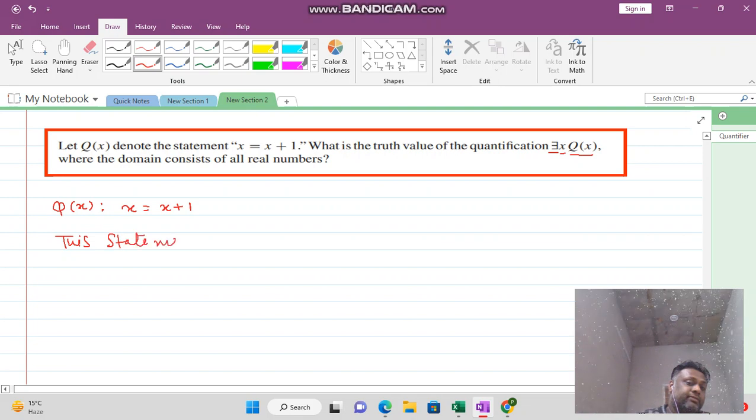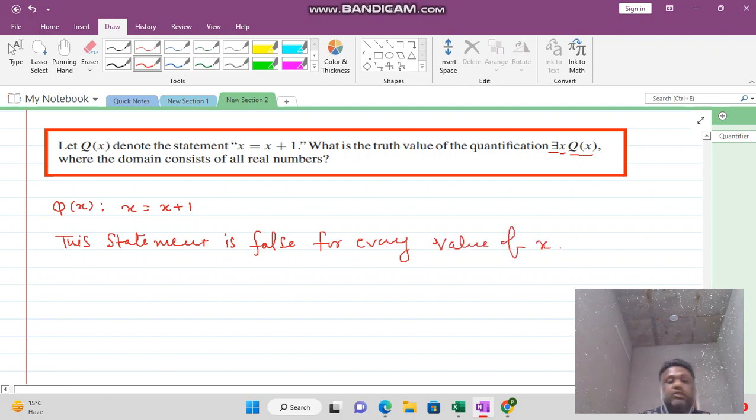This statement is false for every value of x. So the statement that there exists x for which this is true is false.